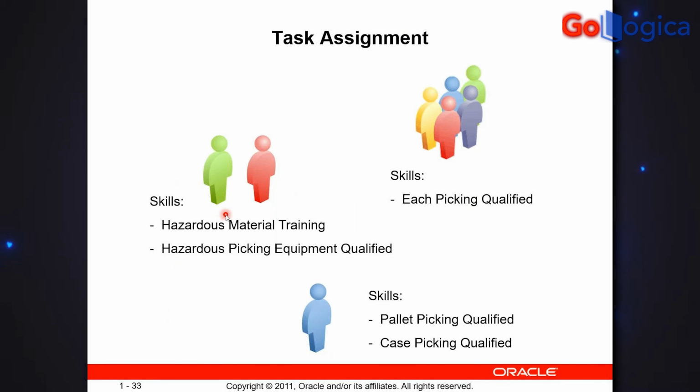So they can be assigned only the tasks for picking or material transfer or management of these hazardous materials. This group of people can be created in a department called picking, so they can be only responsible for picking because they have the skills as picking qualified. And these can be done in pallet picking or case picking. So based on the department, some of the users will be eligible and they can be assigned those tasks and they will be responsible for completion of the task assigned to them.